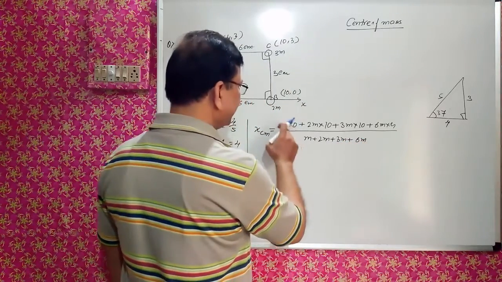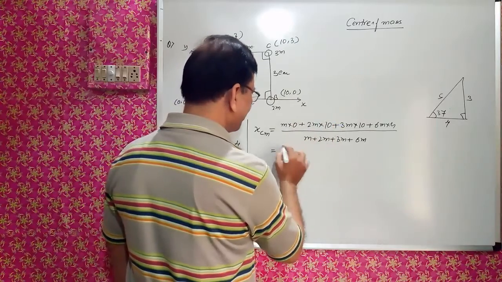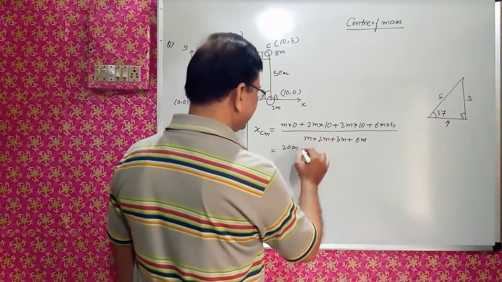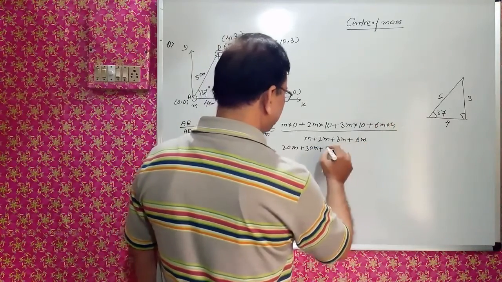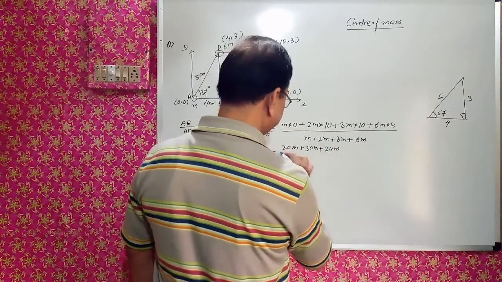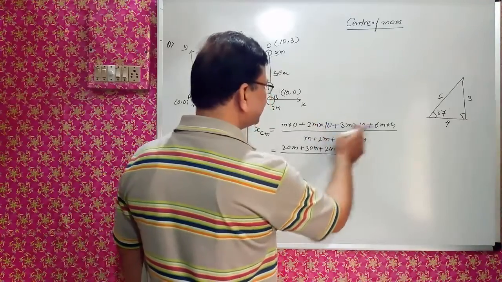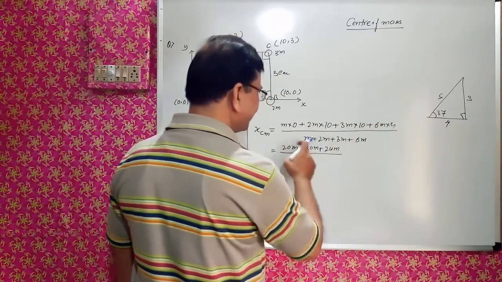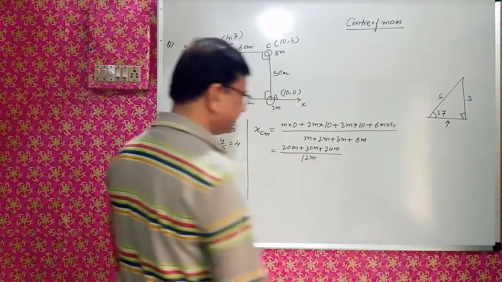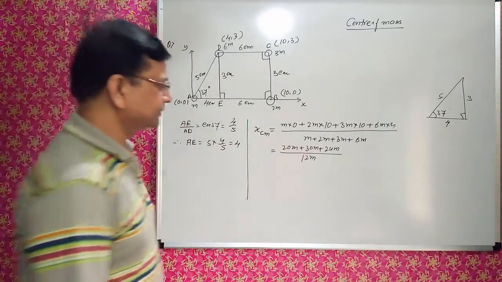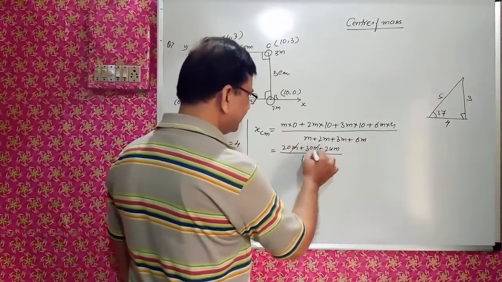This will become 0, then 20M plus 30M plus 24M, divided by 12M. So all M's will go.